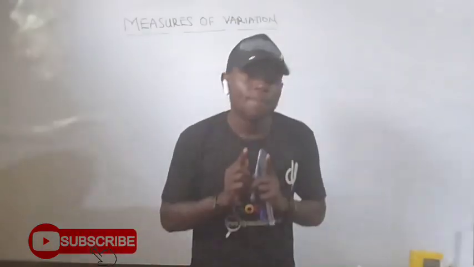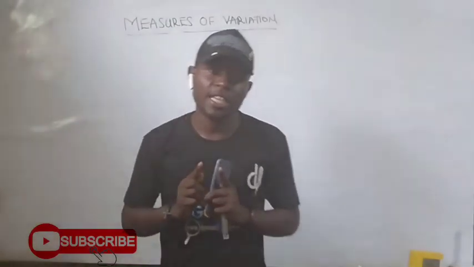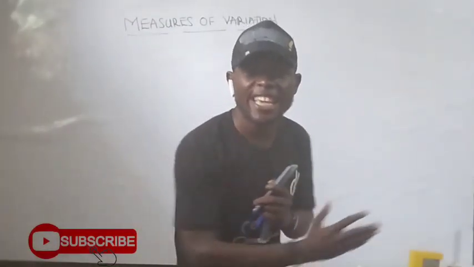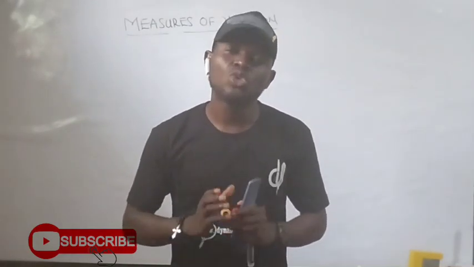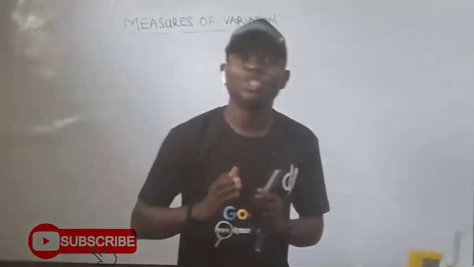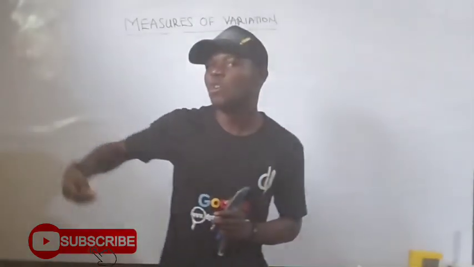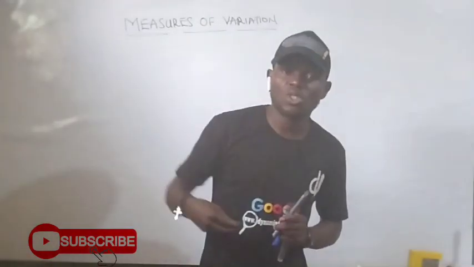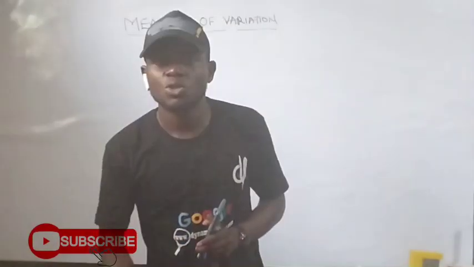Don't forget that the mean value is one single value representing a given range of values. So what x bar does is that it's a point estimate representing a given set of values in their ranges. And we try to measure the degree of discrepancy, the degree of variation of each data from their mean, with respect to their mean. So that is why we come about the measures of dispersion or the measures of variation.